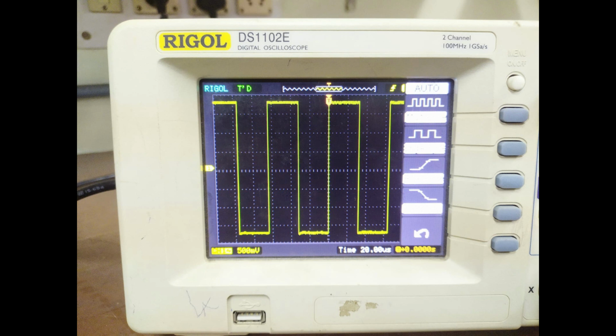This is also obviously the square wave, that is, pulses actually. Impulses are not possible to produce. This is the pulses.